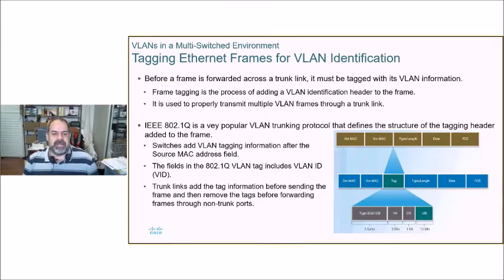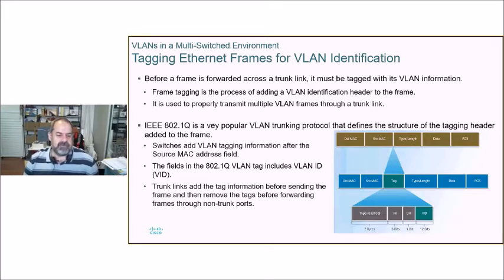So tagging Ethernet frames, as I said, there's 802.1Q. Before a frame is forwarded across a trunk link, it must be tagged with its VLAN information. Frame tagging is a process of adding a VLAN identification header into the frame. It's used to properly transmit multiple VLAN frames through a trunk link, and they, of course, remain on that VLAN when they get to the other end. 802.1Q is a very popular VLAN trunking protocol that defines the structure of the tagging header added to the frame.